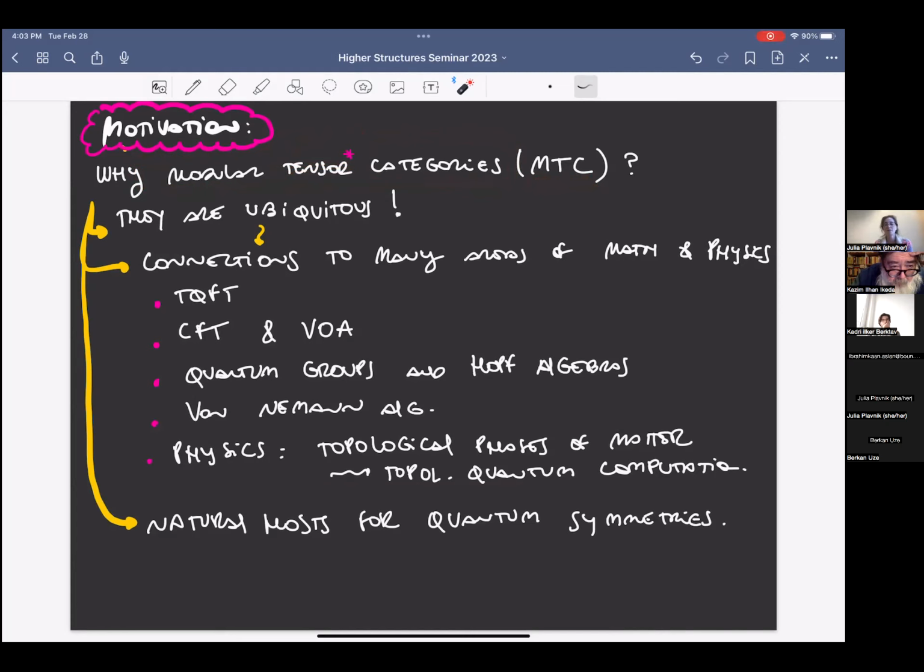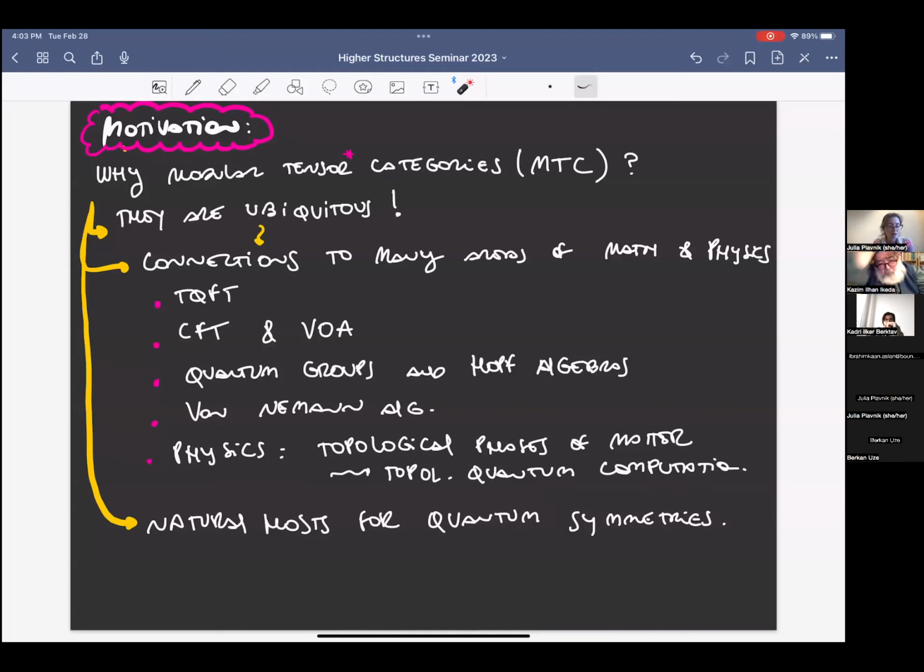One is because they appear everywhere. They appear in connection to many areas of math and also many areas of physics. For example, low-dimensional topology, where you study topological quantum field theories, was actually the way that these modular categories started being studied, jointly with the physics viewpoint.